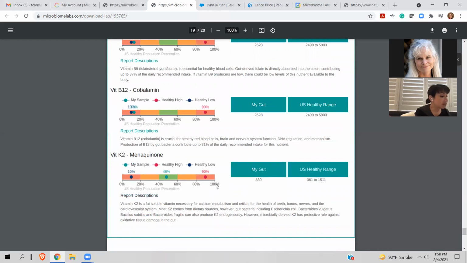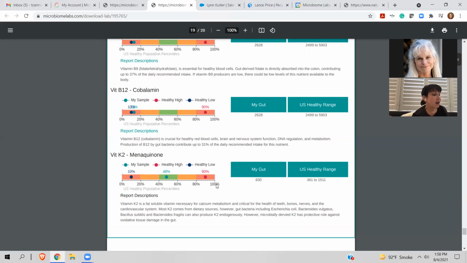And remember, these are really reflecting what the bacteria are producing, giving more of an indication that they're sick. They're not producing the vitamins that they should. And a lot of these are used for other bacteria.